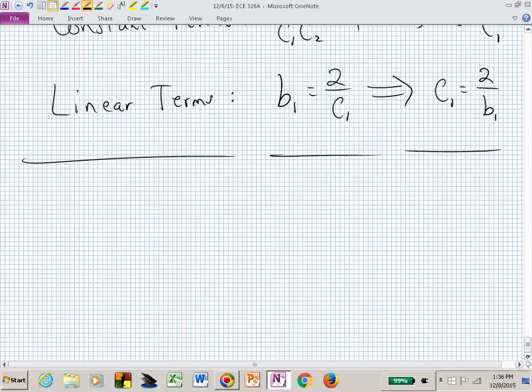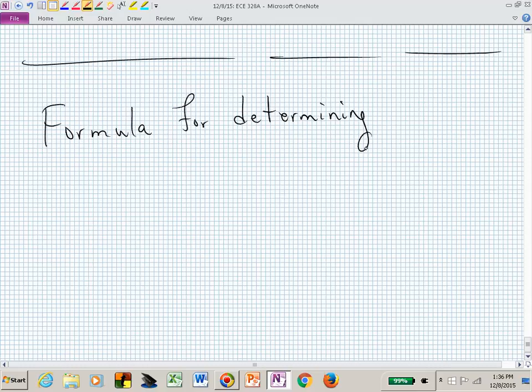Now, there's a formula that I'm not going to derive, I'm just going to give you for determining the order of your filter. And you can just use this formula. You have 4 sheets to get it on there.